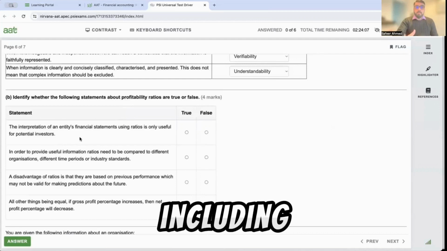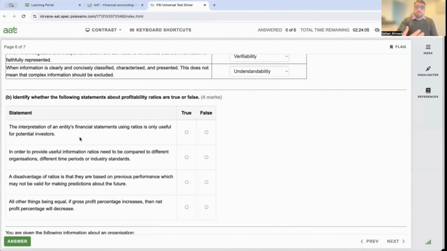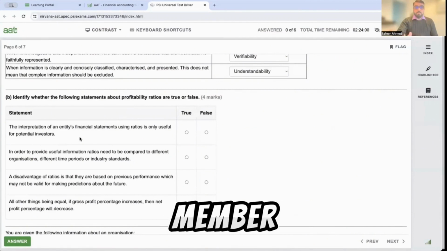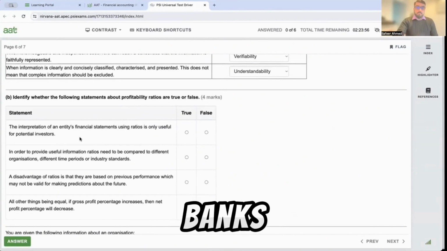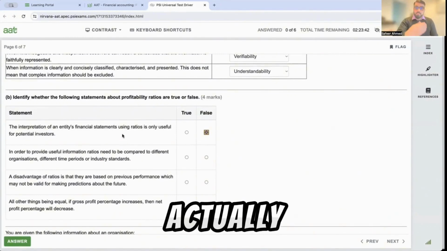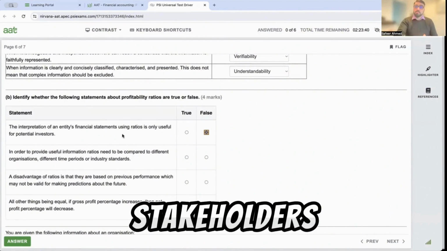So including existing investors, management, and if it is a company, remember, the board of directors, for example, and also lenders, banks. It could also be HMRC. So any other stakeholder, any other user of financial statements, it can be useful for them as well. So therefore, this is false. It is not only useful for potential investors, but actually useful to the stakeholders or the users of financial statements.